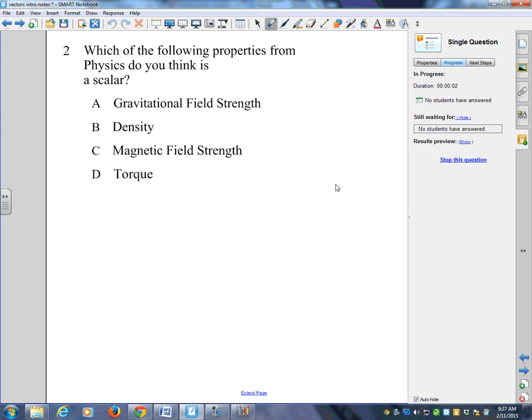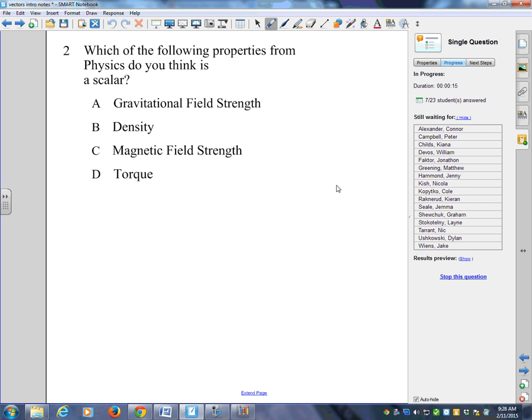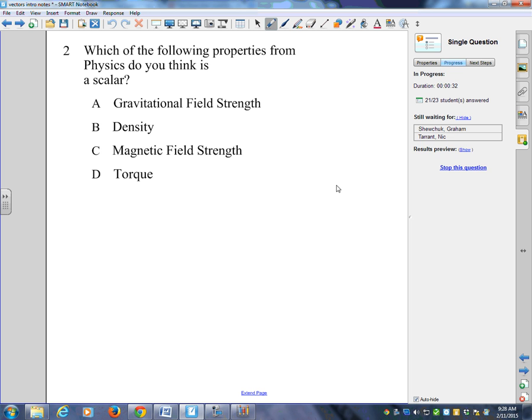Which one of these do you think is a scalar? Doesn't have a direction. Gravitational field strength, density, magnetic field strength, or torque? Too late now.